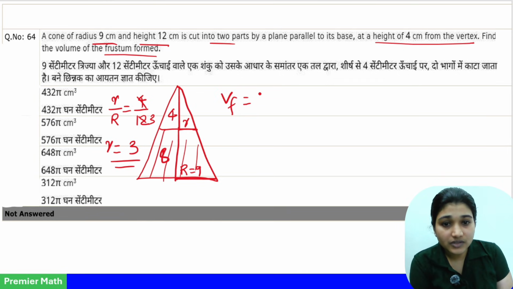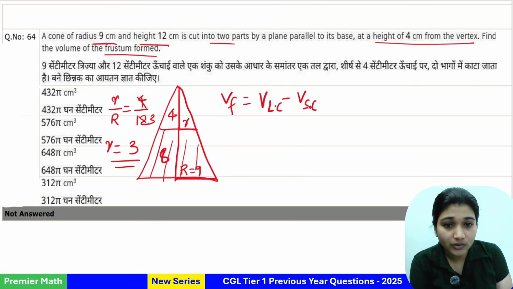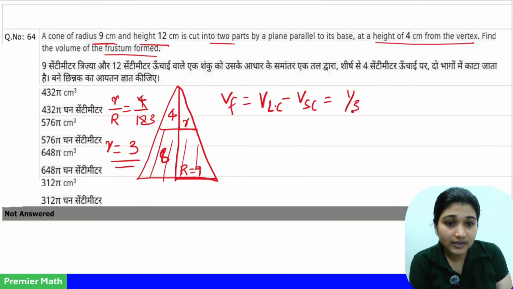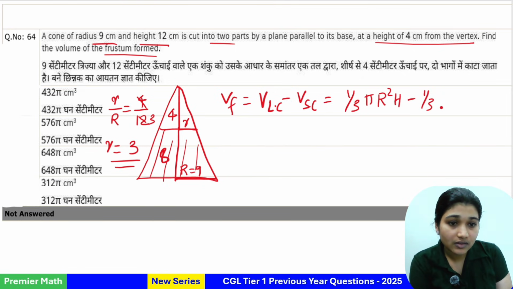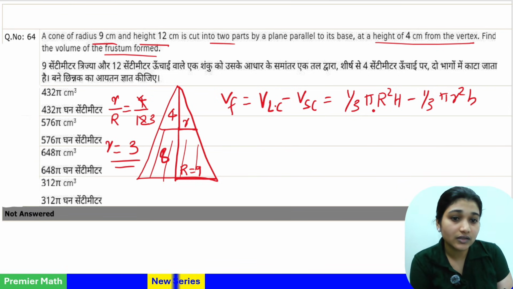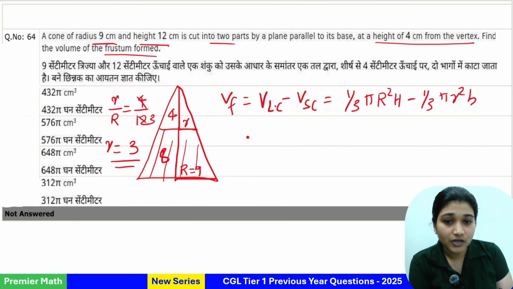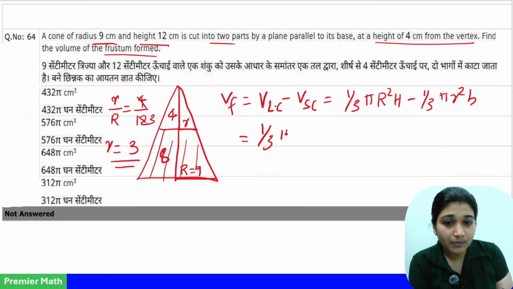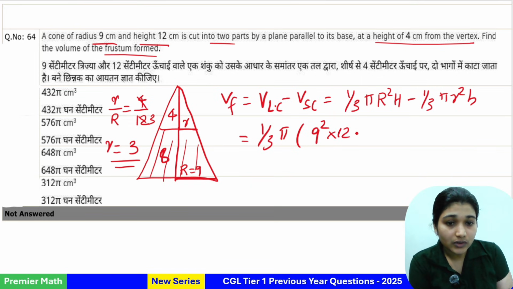Now the volume of the frustum is equal to the volume of the larger cone minus the volume of the smaller cone, which is 1 by 3 pi R square H minus 1 by 3 pi r square h, with capital R and H for the larger, and small r and h for the smaller. So this is equal to 1 by 3 pi into 9 square into 12 minus 3 square into 4.